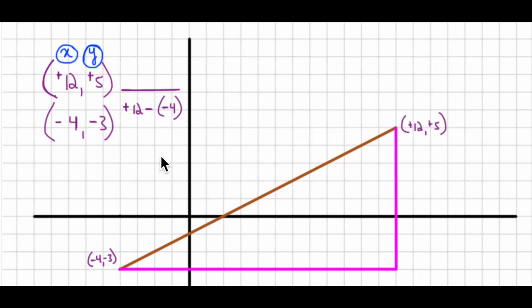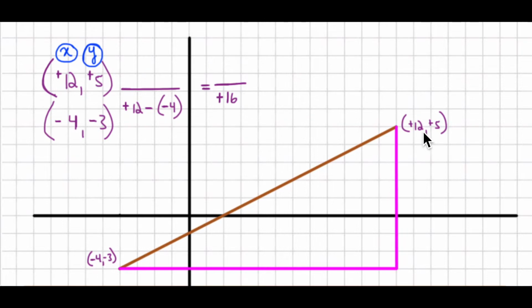When you calculate that difference, what you are doing is moving this vertex of this slope triangle right here to the origin. When you do that, then the coordinates of the slope triangle slide over, and when you look at them, they are the horizontal length and the vertical length of the slope triangle. And it's that ratio, the vertical length to the horizontal length, that is the slope.